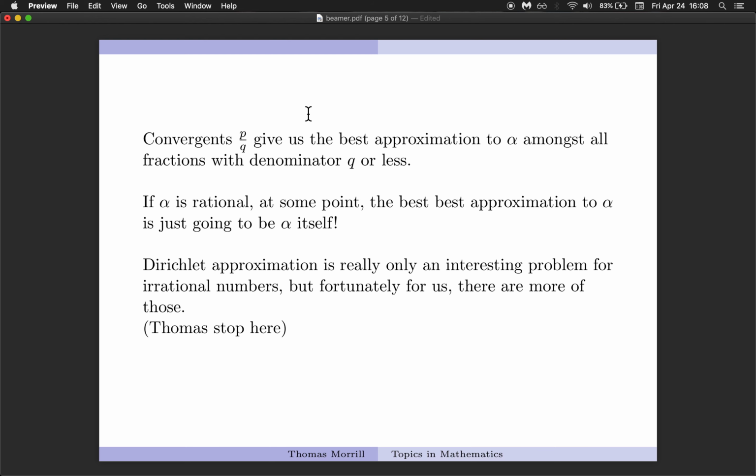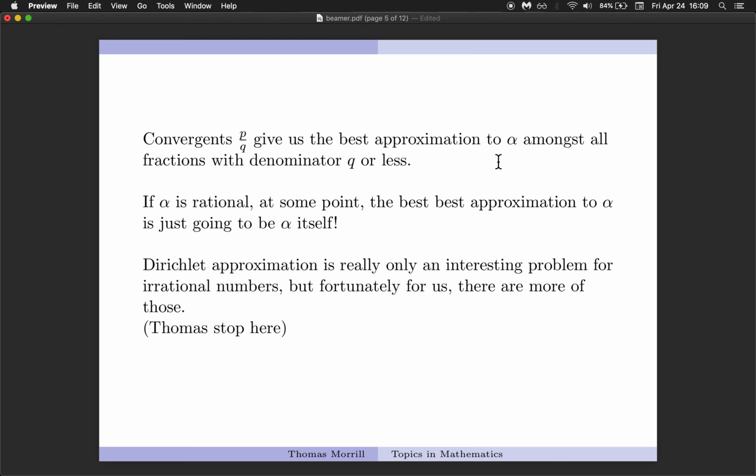One of the things that makes convergents special is that they are the best approximation to alpha amongst all fractions whose denominator is q or less. I started off this series of lectures saying how 22 on 7 is an approximation of pi, and it's in fact a convergent to pi. If you chop off the continued fraction expansion of pi in the right spot, you will get something that simplifies down to 22/7.